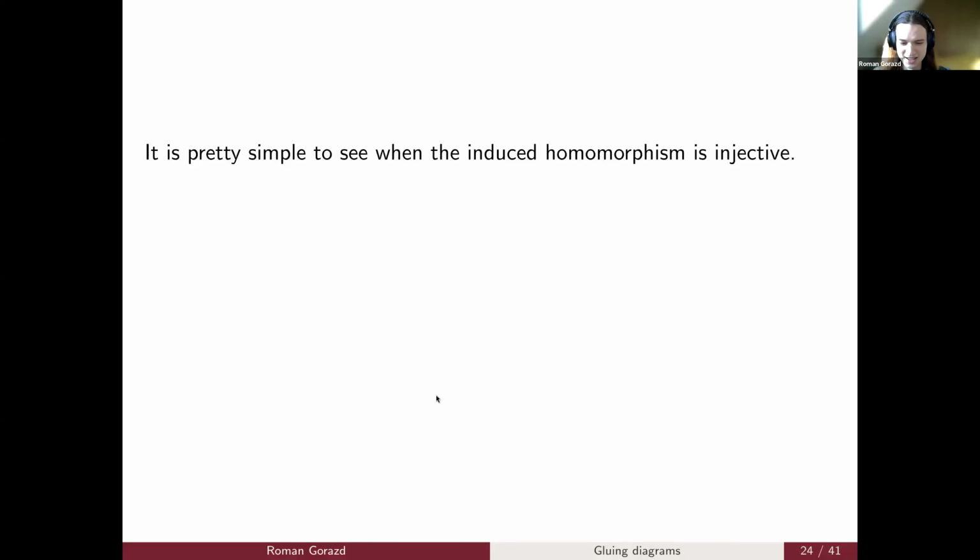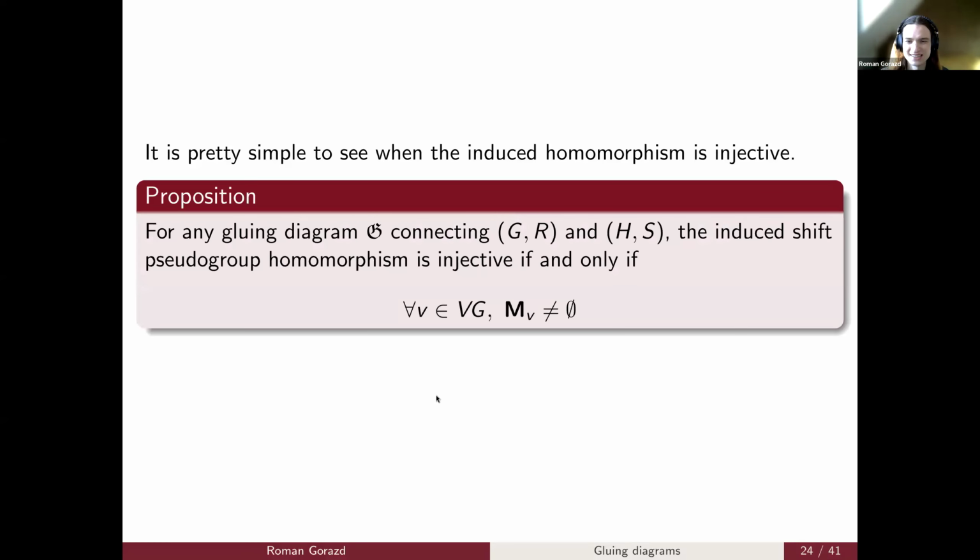Now, since we have this homomorphism, we can ask ourselves, when is it an isomorphism? So to see when the induced homomorphism is injective, there's a very simple method. We just check if the multisets are empty or not. If they're all non-empty, the induced homomorphism is injective.